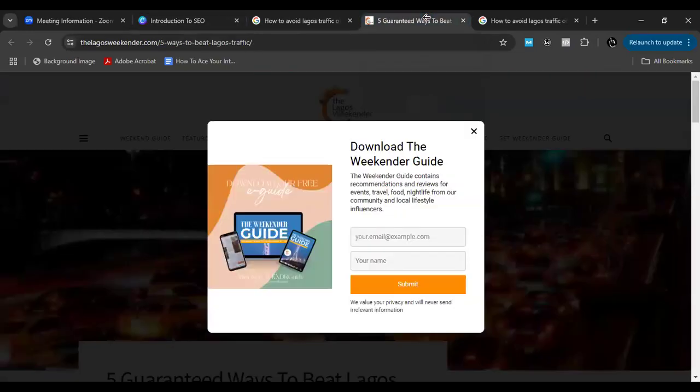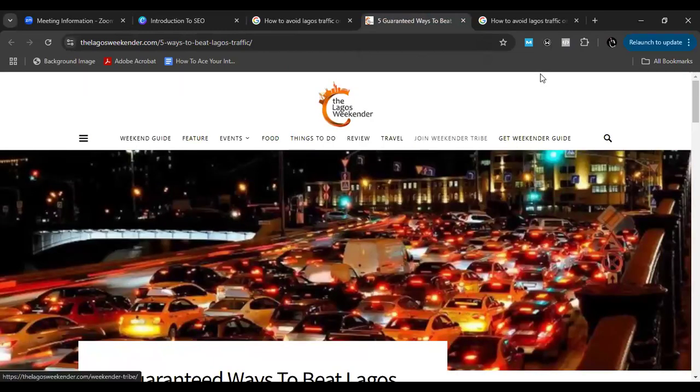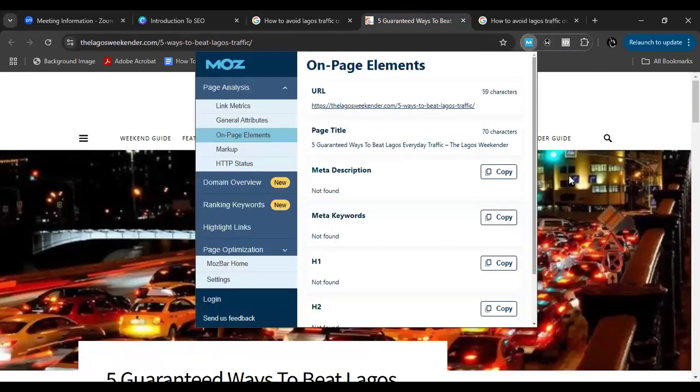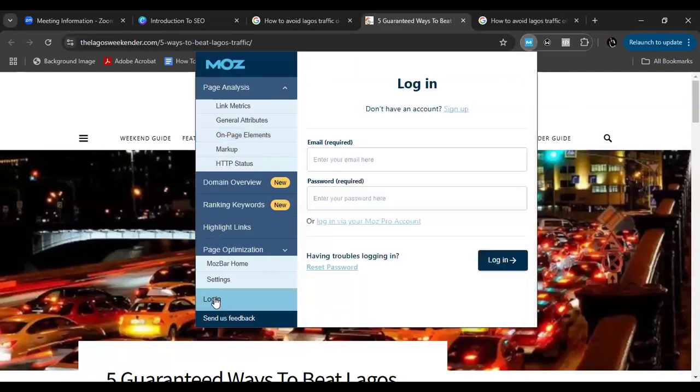So for backlinks, do I have my mouse on? I hope my mouse is on for this. All right, so I'm just going to close this. My mouse. Okay, let me try turning on my mouse again. Please hold on. I need to turn on a plugin that would enable me to show you guys something. I might just have to log in.